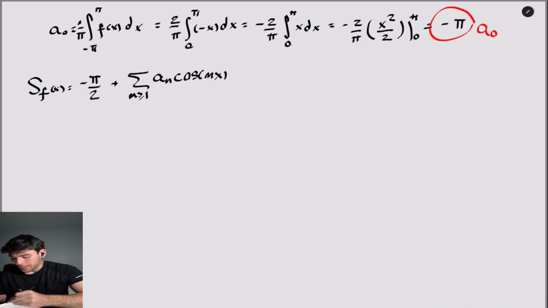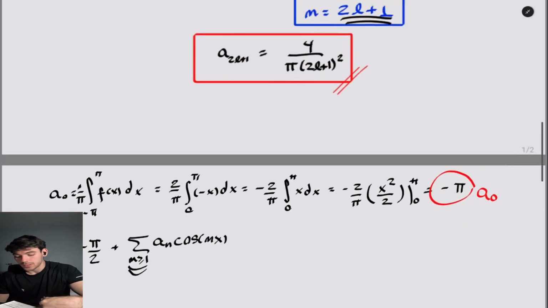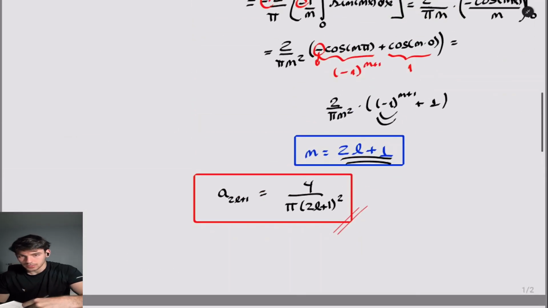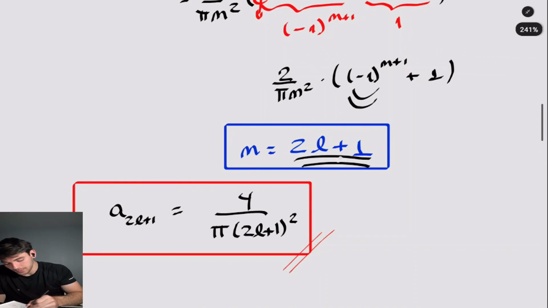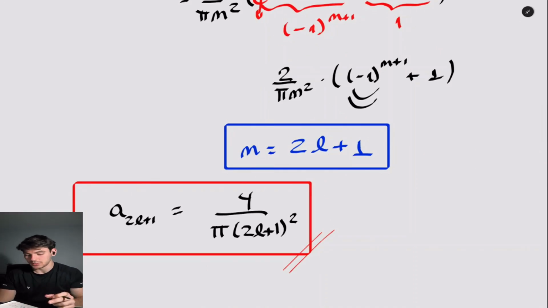Our sum here, on the general structure, we have n starting from 1. Now we have L, and our L is going to start from 0 because we go back to the moment that we change the variable. So if we have 1 here, let's write 1.